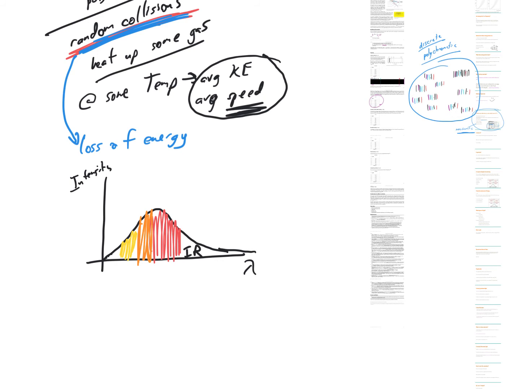But when you get to the greens and stuff, not really. Barely any. So it doesn't really emit much throughout the entire spectrum. It's mostly just in the colors that we see, the reds and the oranges, and the infrared, which we feel as heat. That's a fire.